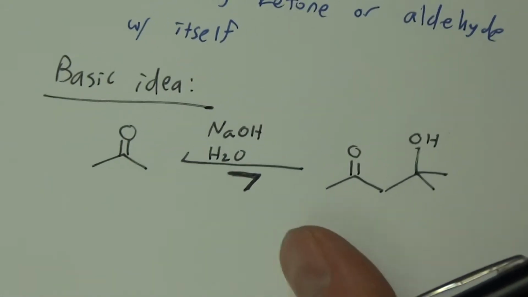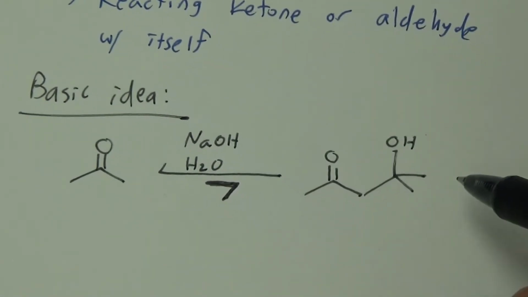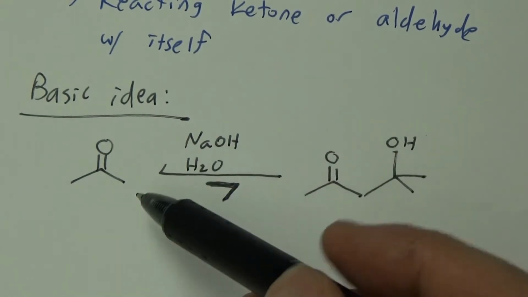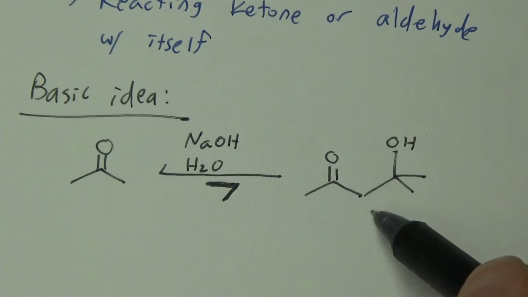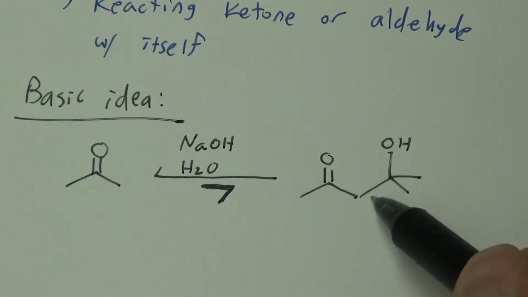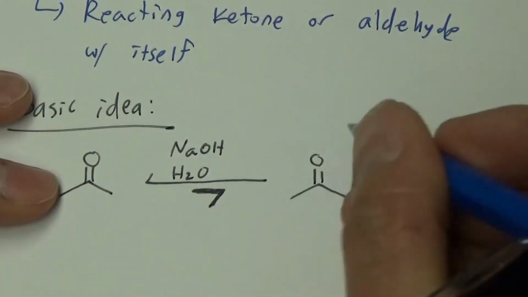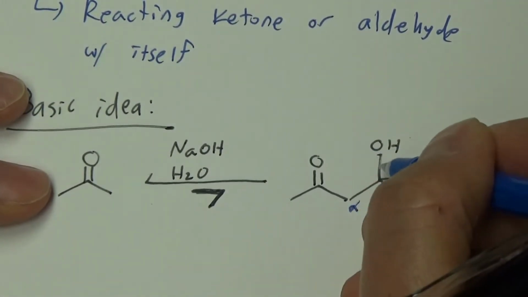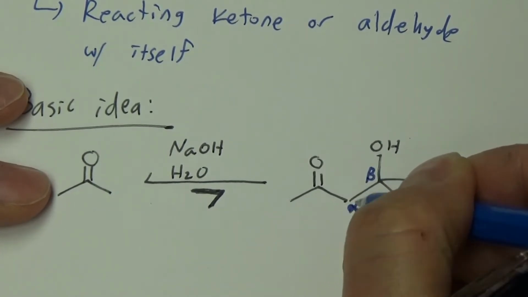This thing has a name. Of course, what's the name of this? This is acetone. It's a ketone, right? What are the positions called? This is the alpha position, that's the beta position. This is the alpha, and this is the beta, relative to the ketone, right? Alpha, beta.